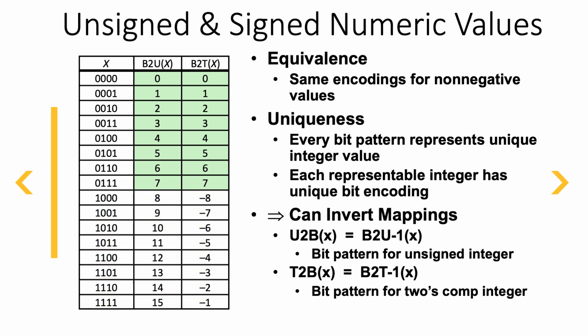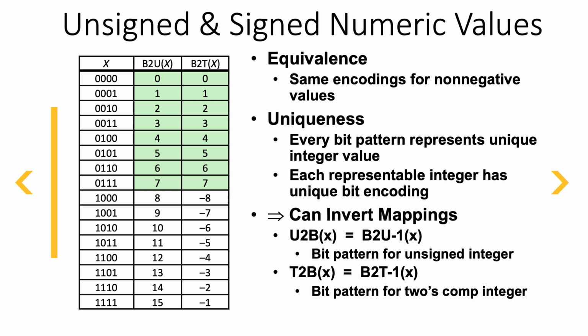We have uniqueness. Every bit pattern represents a unique integer value, and now that's within a certain type of encoding. So when we're talking about unsigned integers, every bit pattern represents a unique value. You're never going to find a bit pattern that means both 7 and 15 when we're talking about unsigned integers. And the same holds true for 2's complement.